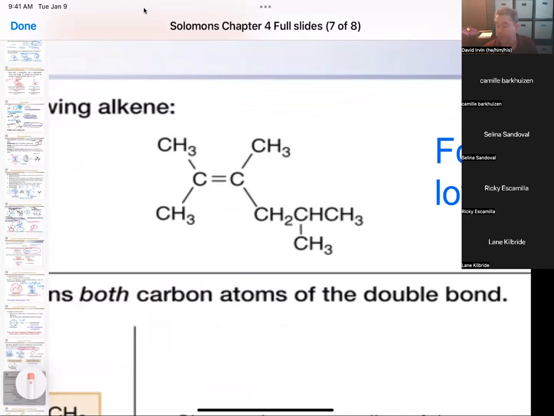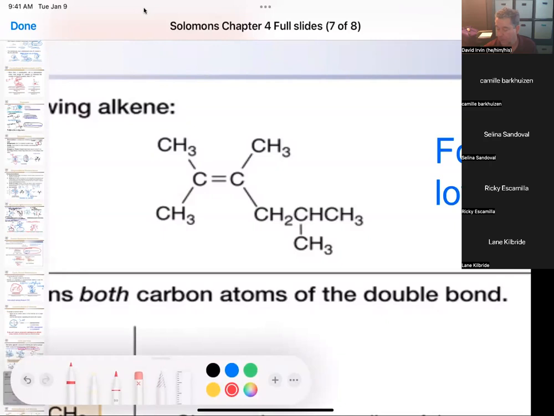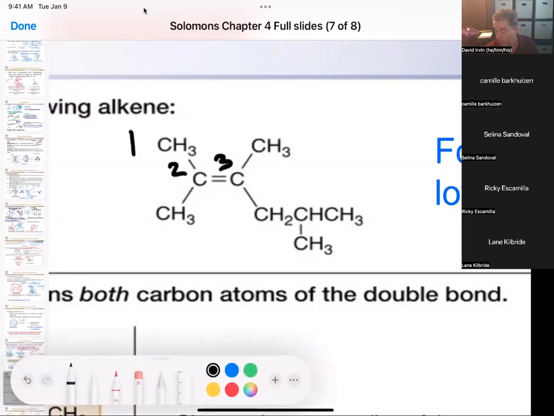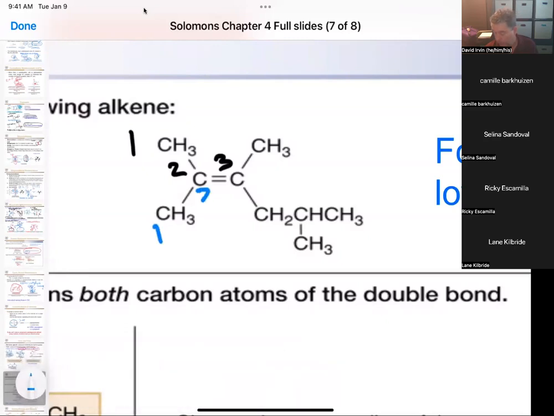Which means we have to label it from here. 1, from this side, 1, 2, 3. We could also number it from here, 1, 2, 3, because it gives us the same carbon as the lowest number. That first carbon of the double bond has the lowest number possible.